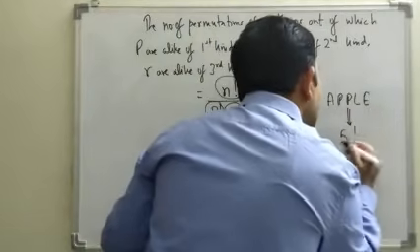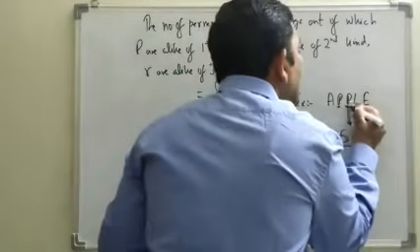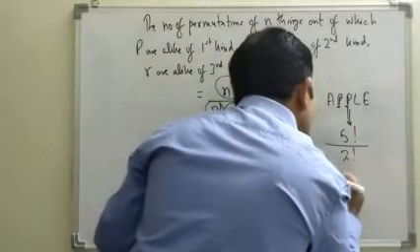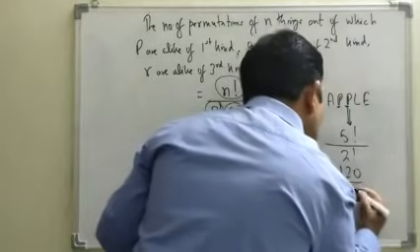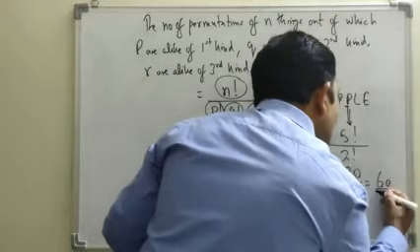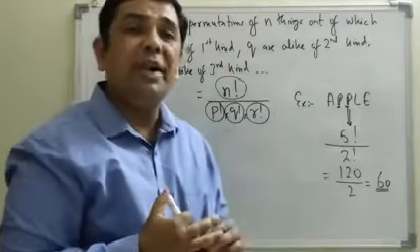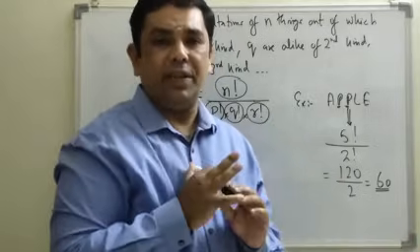So my answer is 5 factorial. And since there are two p's and they cannot be differentiated because they are identical, we will divide it by the factorial of the number of identical things. So the number of ways in which the alphabets of the word apple can be arranged is 60.